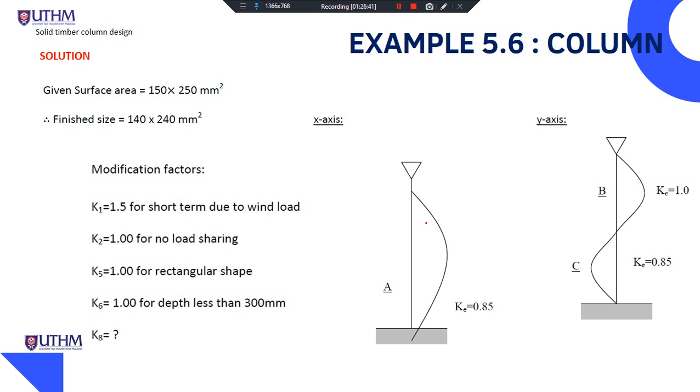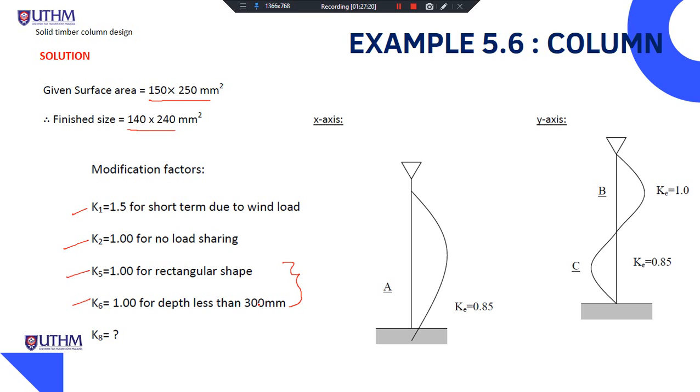Given the surface 150, this is the nominal size and this is the minimum size, and we already determined this modification factor from the equation in example 5.6, and we add these additional values K5 and K6. K5 is for rectangular shape. When do we need to use K5 and K6, and when do we not?